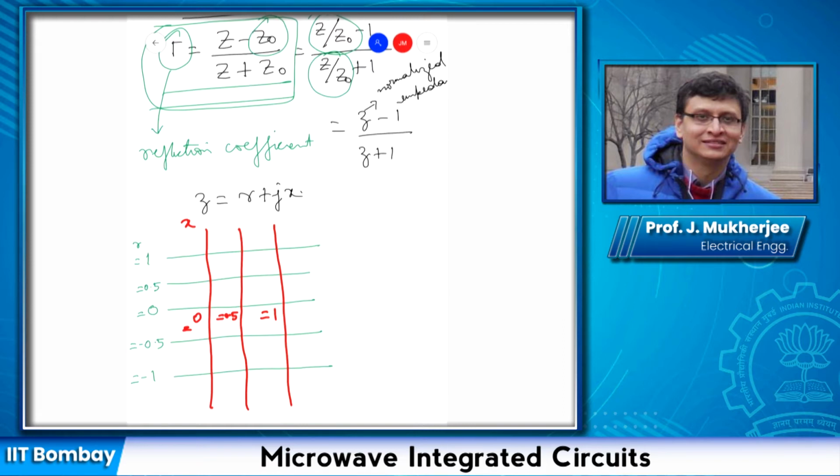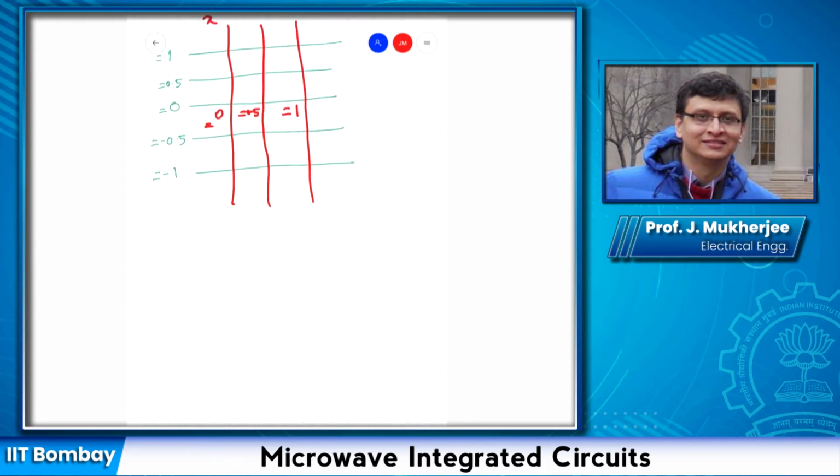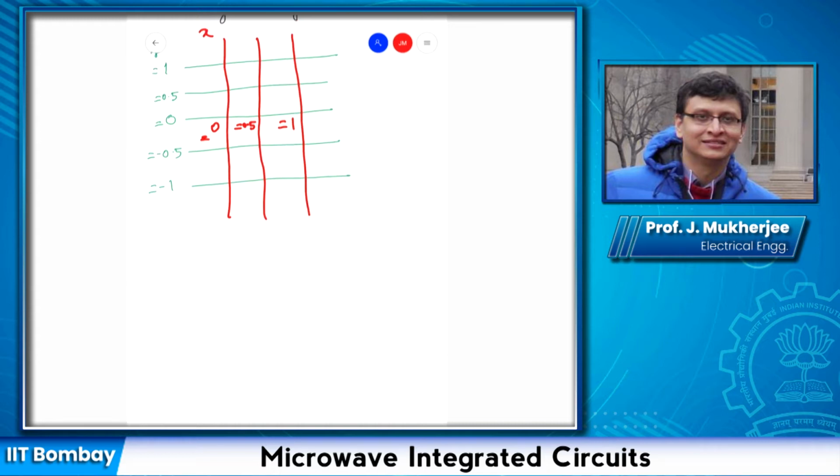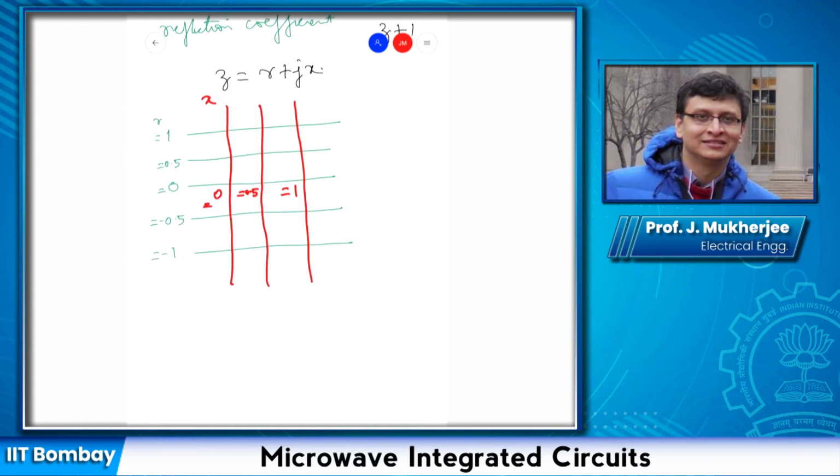So what this bilinear transformation does is it transforms these horizontal green lines. Now just a small correction. These are R, which is given by this, and X is given like this.